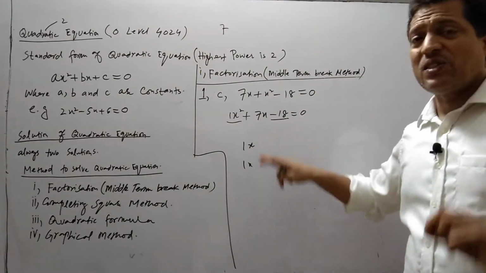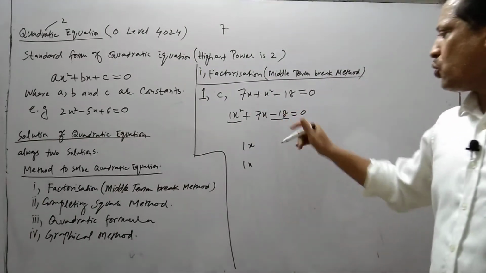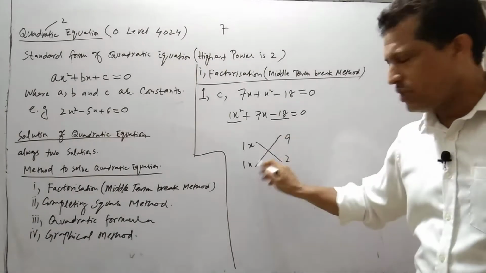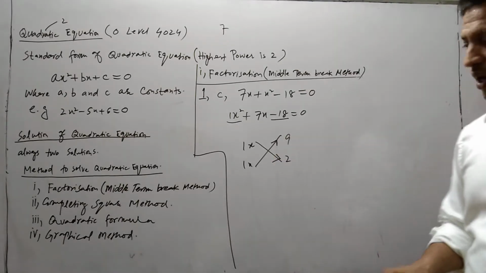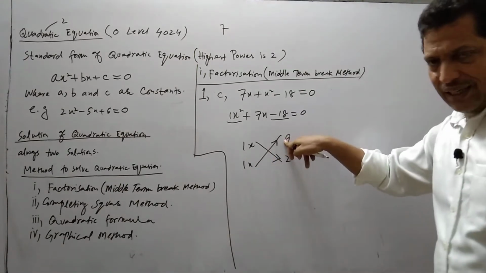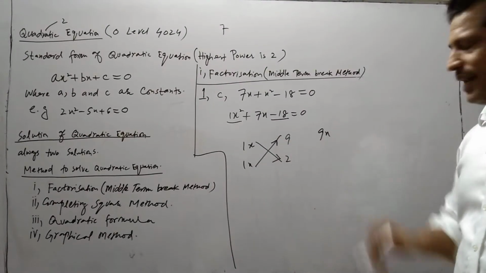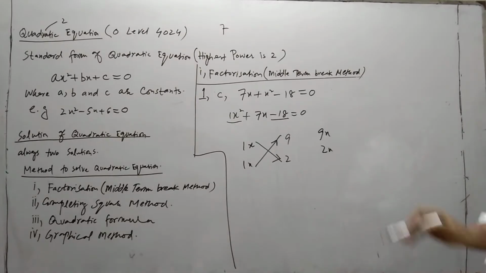So always break the first number and the last number into two numbers. So you have two options, 9 and 2. Now make arrows. This is the first arrow, this is the second arrow. Always multiply this by this and this by this. X multiplied by 9 is 9x, and this x multiplied by 2 is 2x.